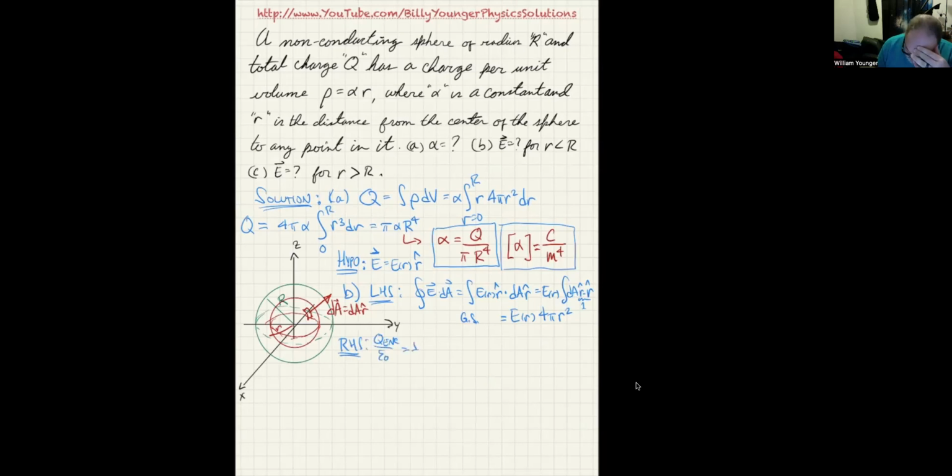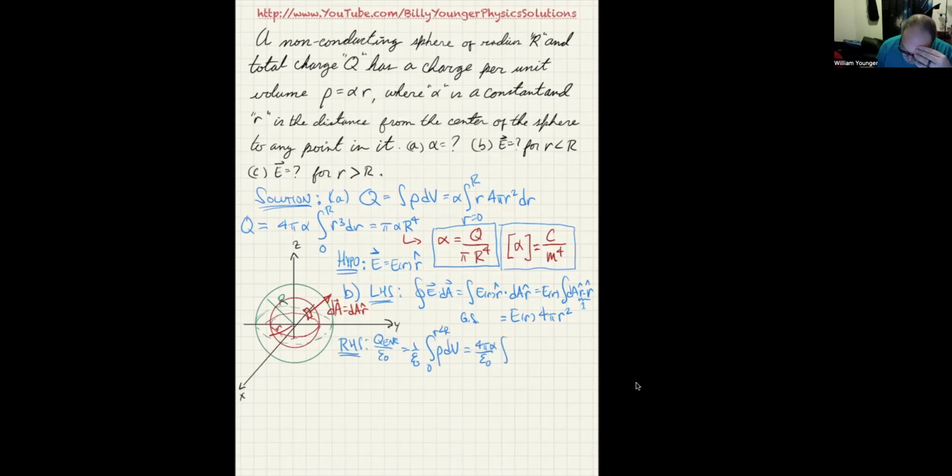So I'm going to say that's 1 over epsilon naught times the integral of rho dV, where I'm going to integrate from 0 to r less than big R. This is going to pan out the exact same way that my integral did before. I'm going to get a 4 pi alpha coming out in front, but this time, of course, I have a 1 over epsilon naught, so I have to take care of that.